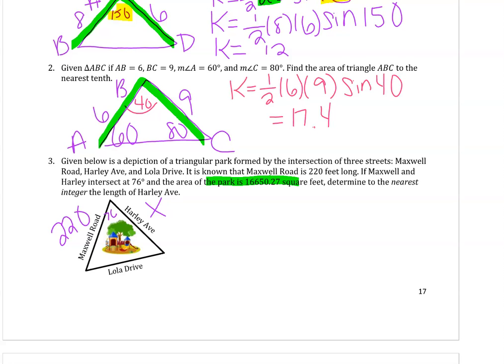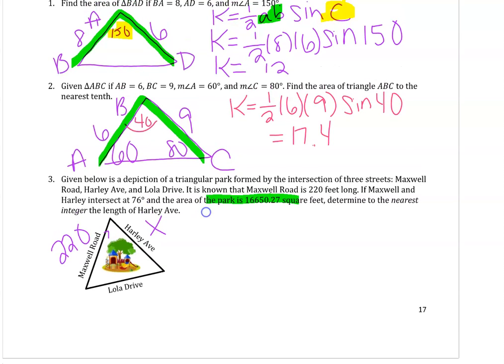All right, so we know, oh, geez. Apologize again, my stylus is just not working right now. All right, so area equals 1/2 AB sine of C. I know the area, so let's plug that in.